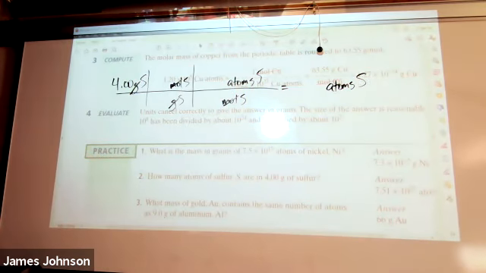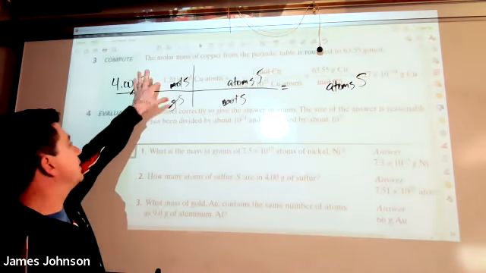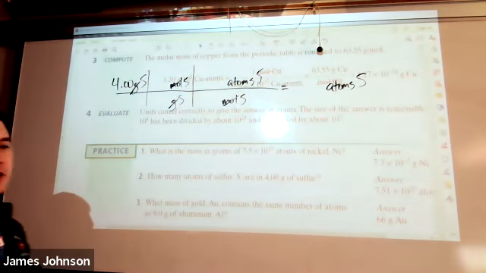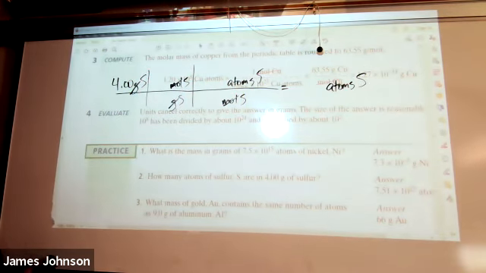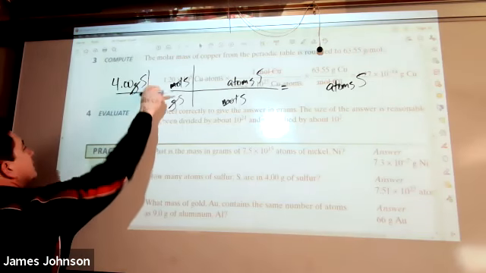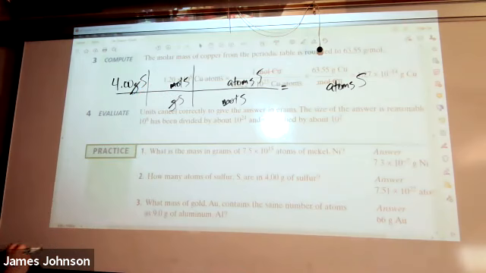But the question is, what numbers do I put in these conversion factors? Well, I need 2 statements of equality if I have 2 conversion factors. So what is a statement of equality that relates moles of sulfur and grams of sulfur?